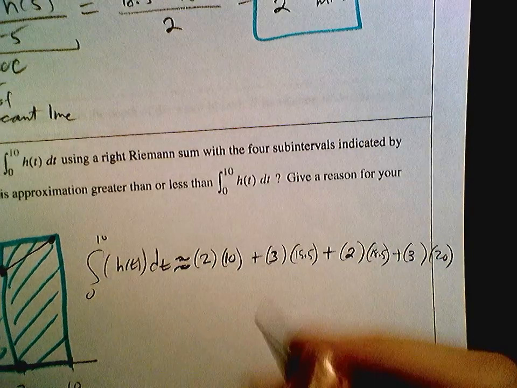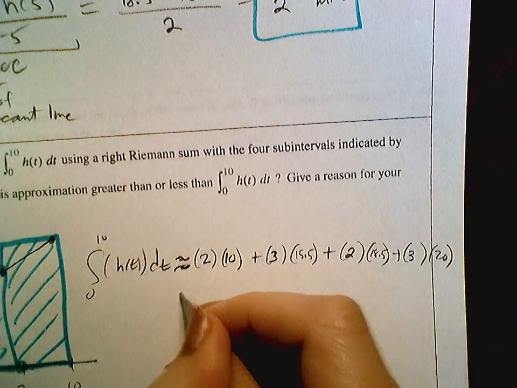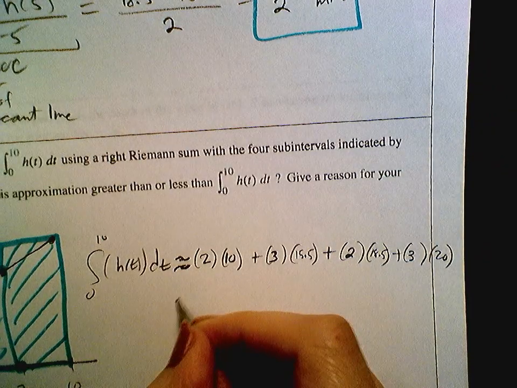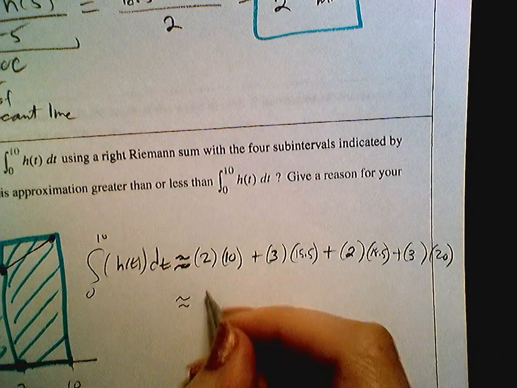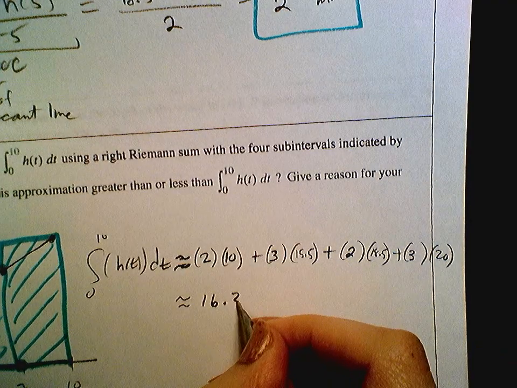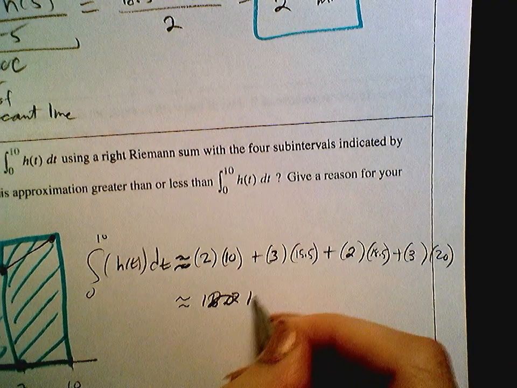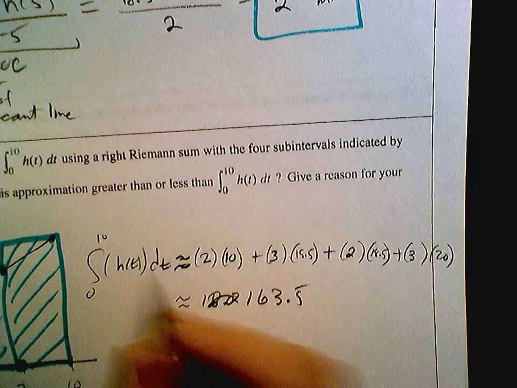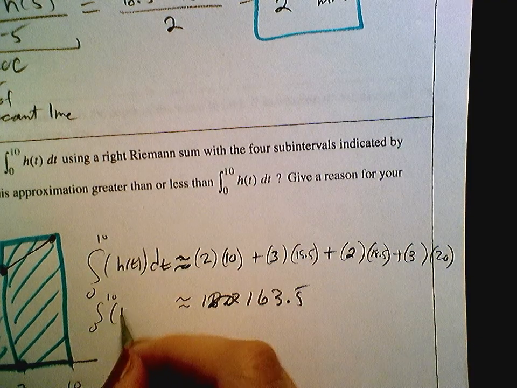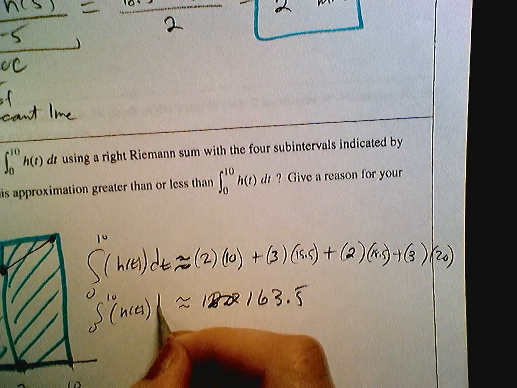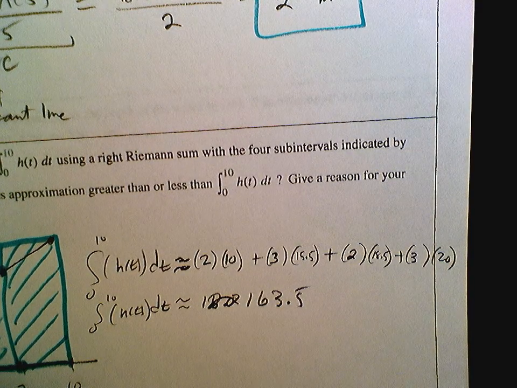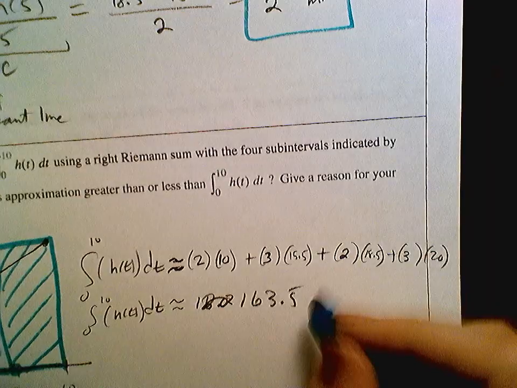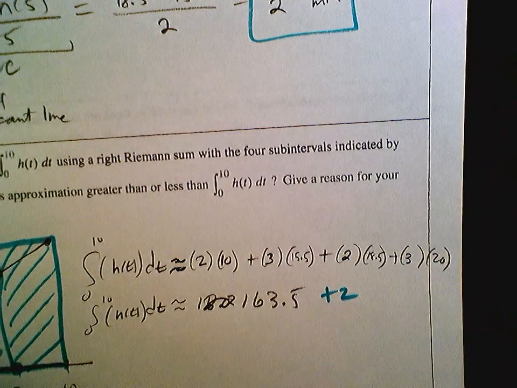Okay, and then you get that this is about 163.5. So I'll bring this down. We get that this is approximately that. And for that, you get 2 points.